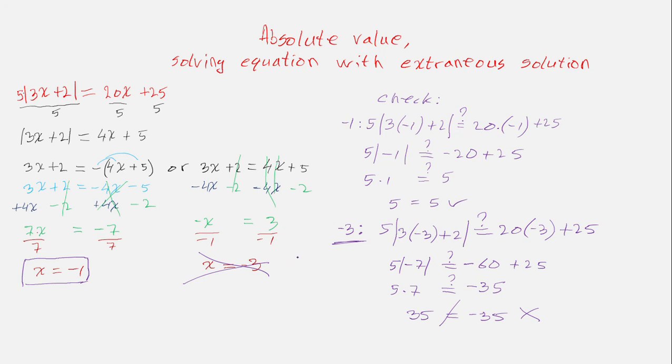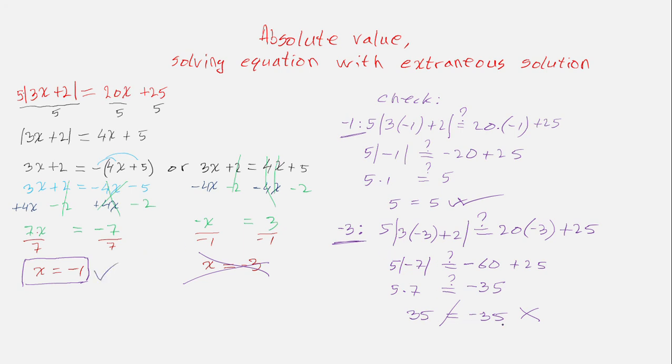So this is how we check for extraneous solutions. When we do absolute value, we always need to check, and if we get a number equal to a number, like in this case 5 equal to 5, that's a true statement, which means that's a good choice. -1 is actually a good answer.